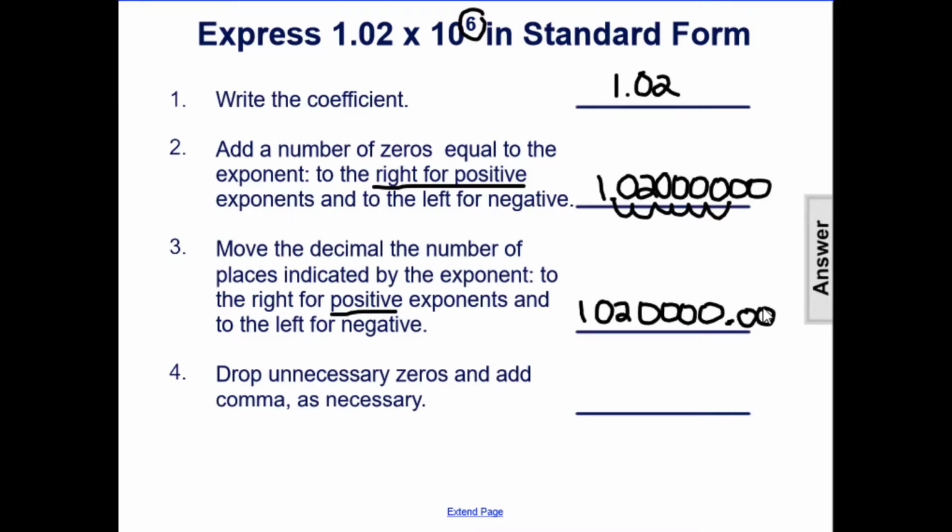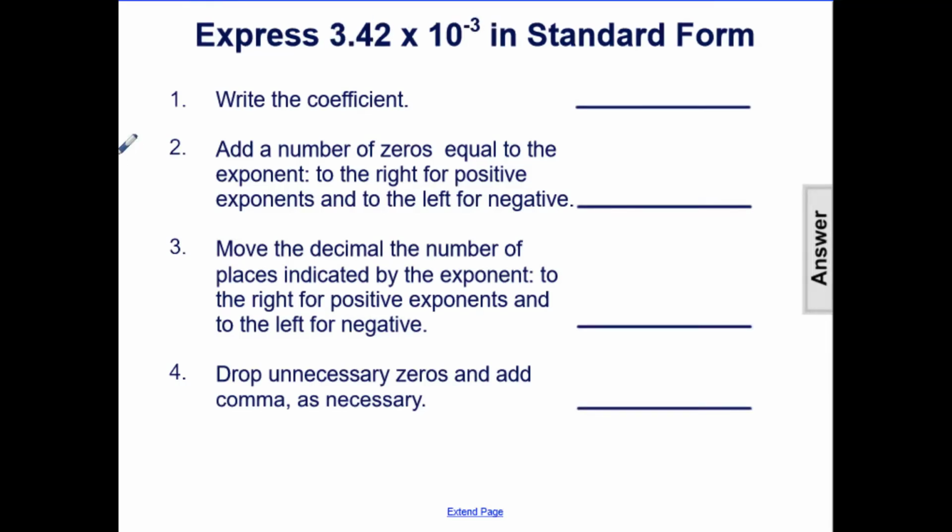Now, with numbers in the standard form, these 2 zeros are unnecessary, and we want to add a comma every 3 digits, making the standard form of 1.02 times 10 to the 6th 1,020,000.